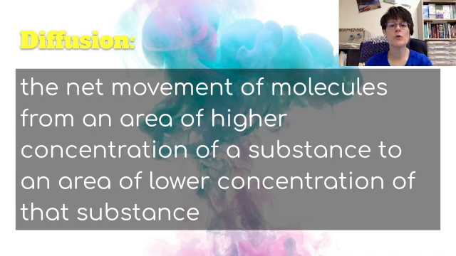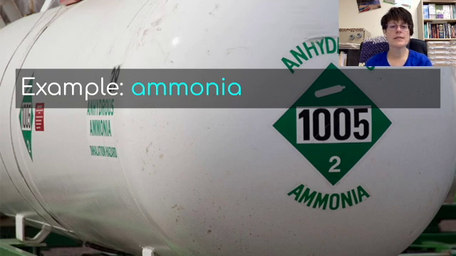So this is movement of molecules in a liquid, in a fluid, I should say, because this will also happen in a room. An example is ammonia. If I were to open a bottle of ammonia in the room, it would start out smelling very strongly by the bottle and eventually spread out through the whole room, and everybody would smell that ammonia.